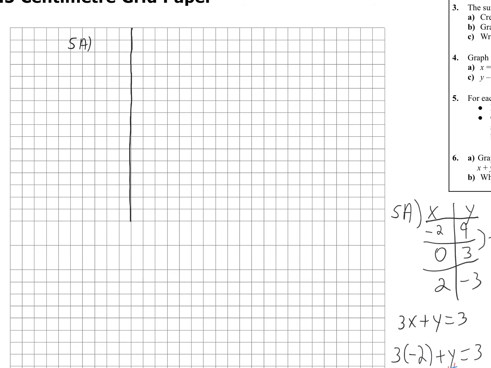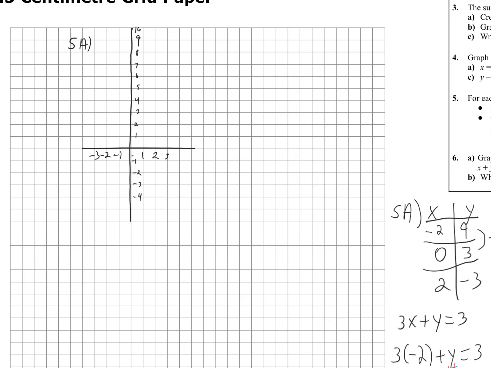The y-axis goes 9, 8, 7, 6, 5, 4, 3, 2, 1, and negative 1, negative 2, negative 3. The x-axis is negative 1, negative 2, negative 3, negative 4. So I don't need any more than that.